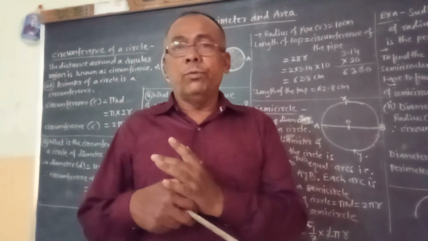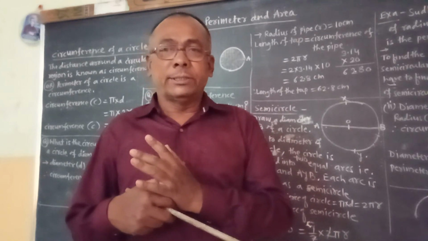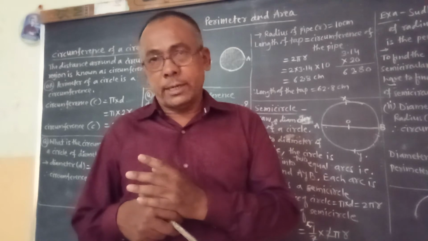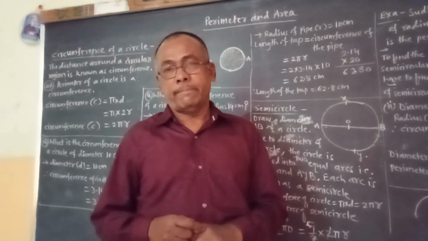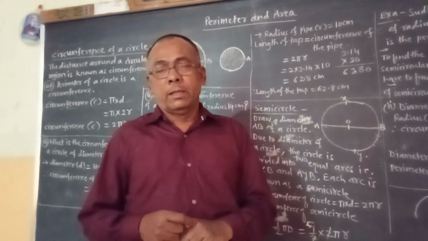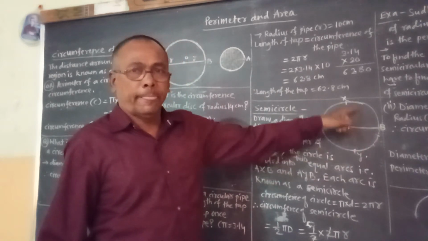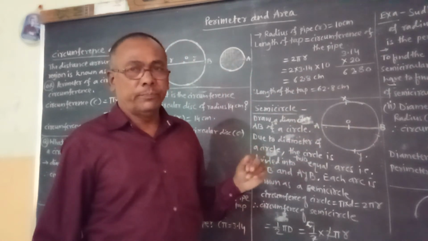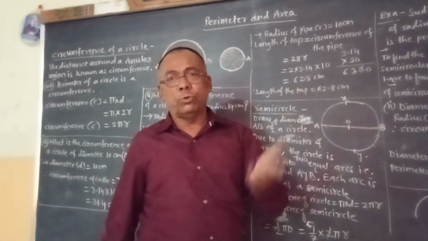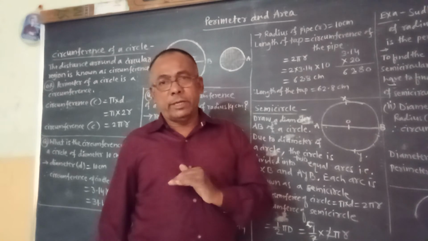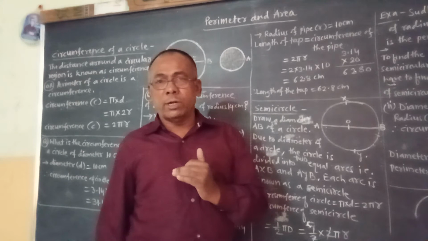So we have solved the examples related to the circumference of the circle, and now our next point is semicircle. Here I have drawn this circle, and in that circle AB is the diameter. Just now I have told you that if any chord is passing through the center of the circle, then that chord is called the diameter.